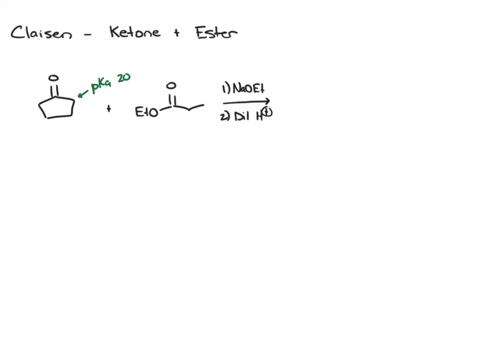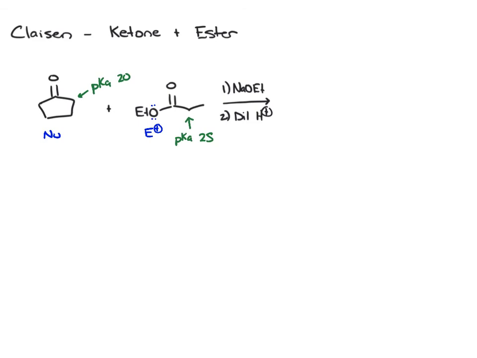We learned previously that the ester is a bit less acidic because these lone pair electrons are donating. That decreases the acidity. So this has a pKa of about 25. So it's easier for the base to deprotonate the ketone, making it the nucleophilic enolate, and the ester will be the electrophile.